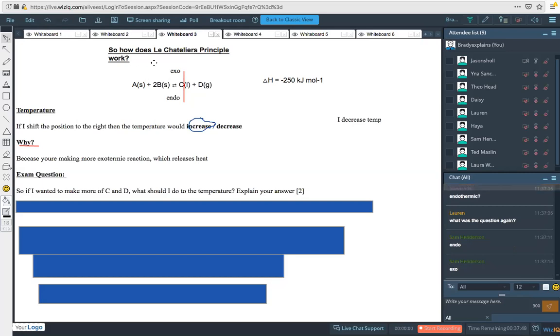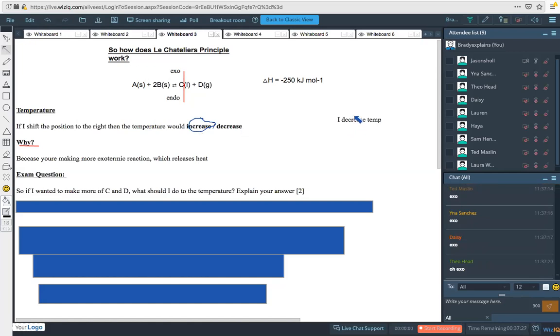Endothermic reactions suck out the heat. Yeah, it's an exothermic. So think about a fire. A fire is an exothermic reaction. A fire increases the temperature, doesn't it? Yeah. So exothermic reactions increase the temperature. That's the bit we talked about up here, didn't we? Yeah, they increase the temperature.